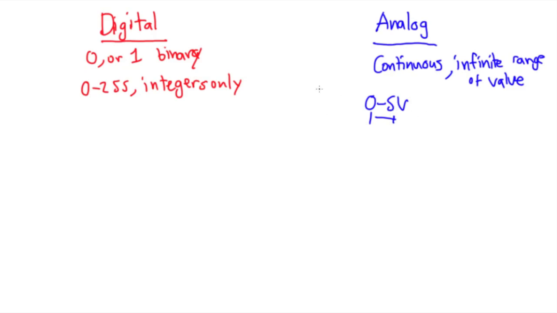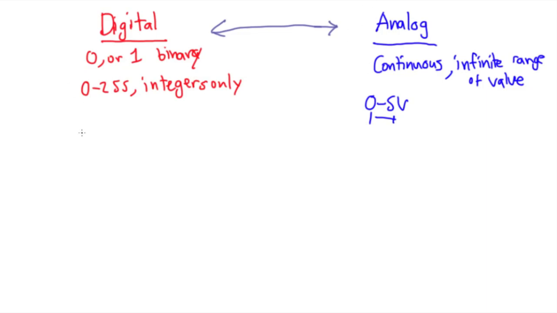Analog itself is important because it is how the world behaves, and so there's going to be a need to convert these signals in between. So the microcontroller can interpret signals in the analog domain, while at the same time also outputting an analog signal to manipulate perhaps an analog circuit.